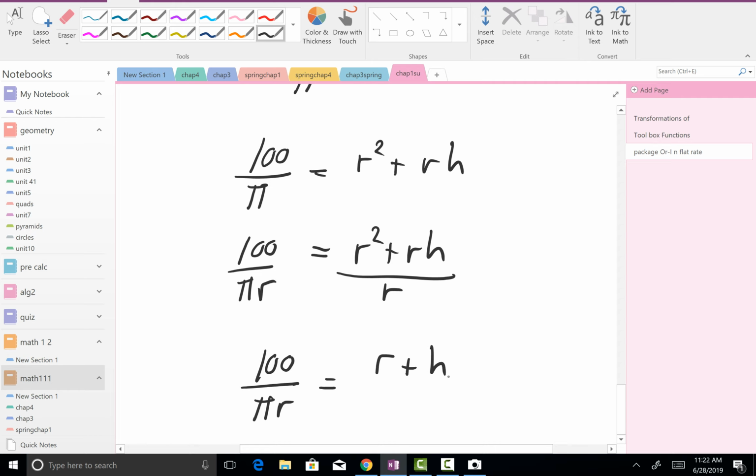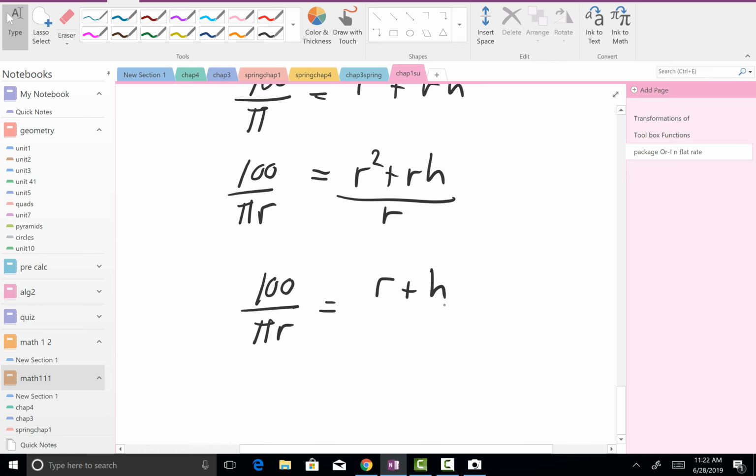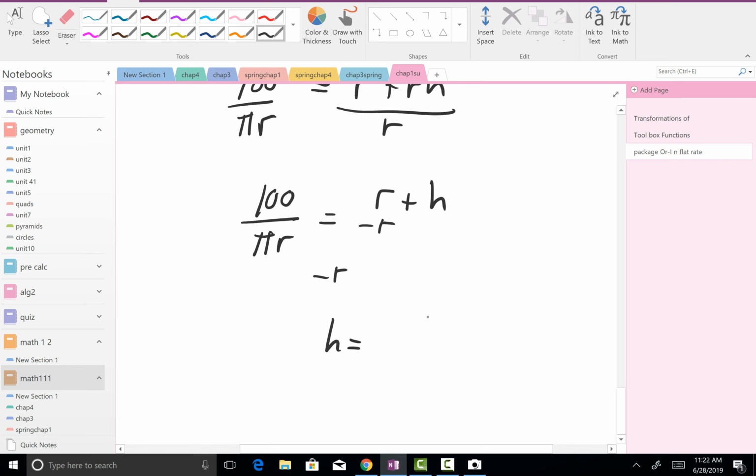And I could have factored that out too. I could have factored an r out and then divided it over. So now I have this, all right, and then by simply just subtracting that, we have what h is.